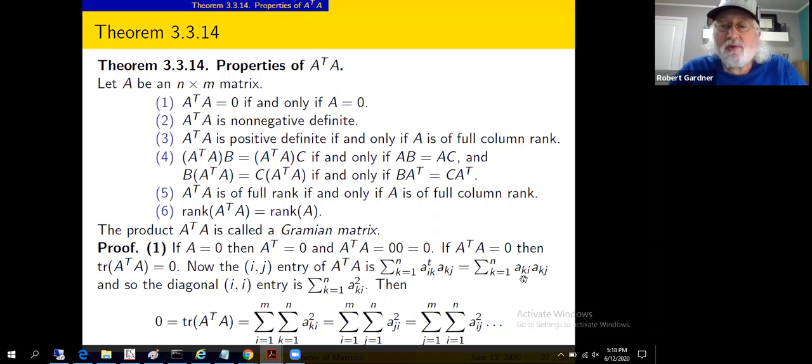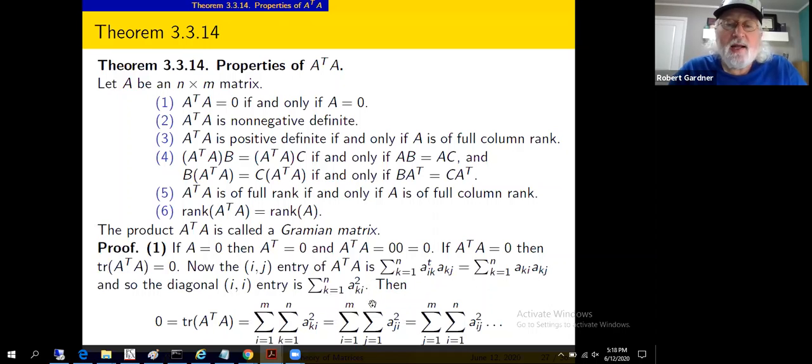Okay, so here's what we get for the ij entry of the product. Remember this thing about the trace? Let's find the ii entries. Then we'll find the trace. We know that's 0, and that's how we'll draw our conclusion. Okay, you want the ii entry? We'll set j equal to i up here.